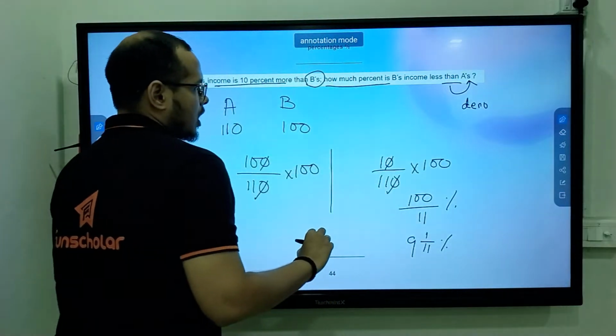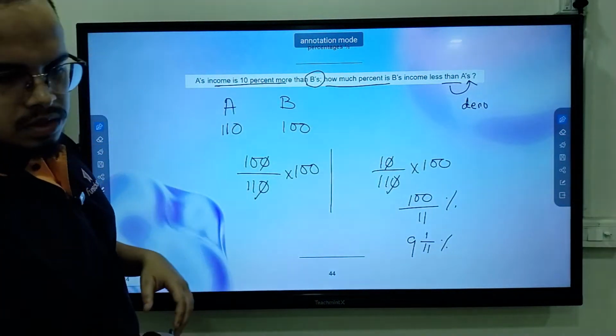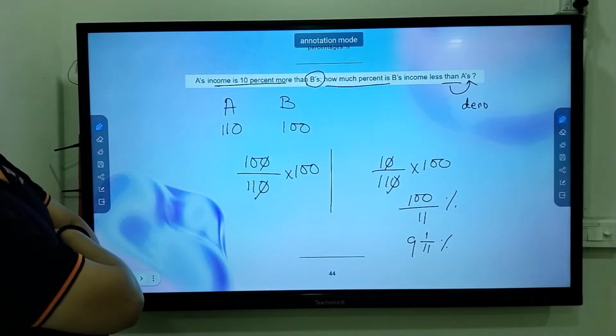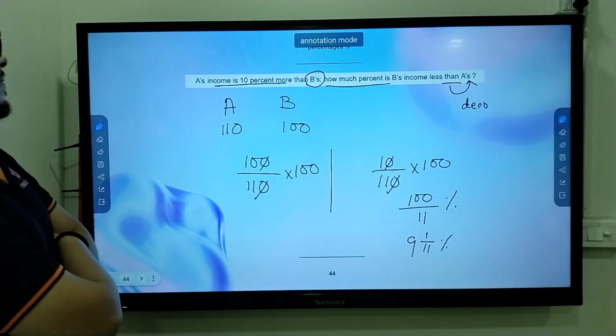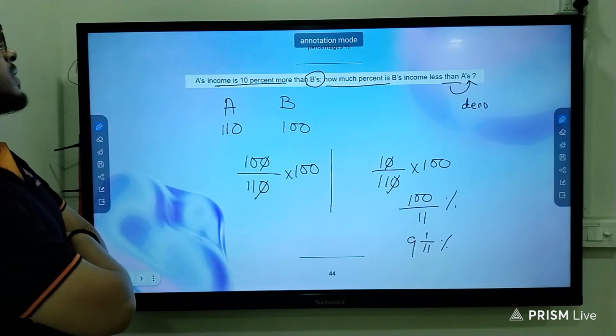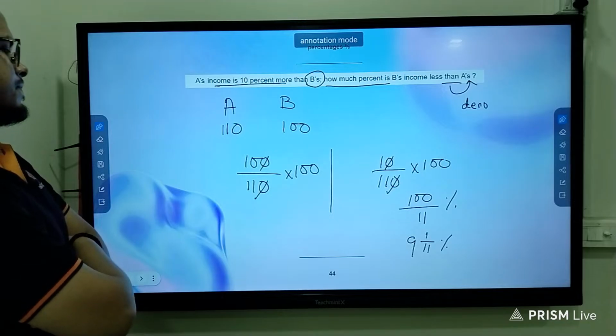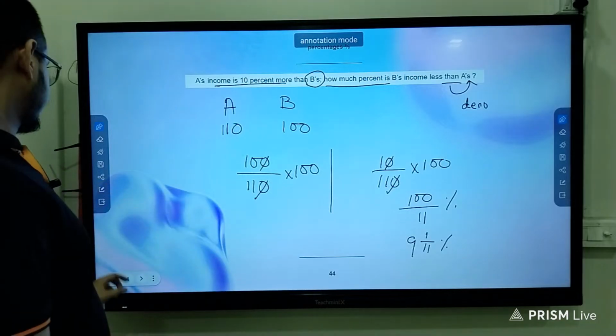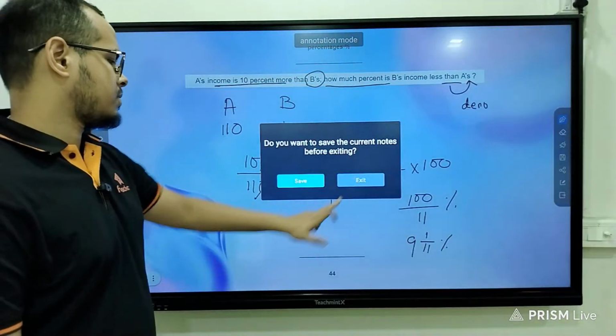A's income is 10% more than B. How much percent is B's income less than A? This is the answer: 9 1 by 11%.